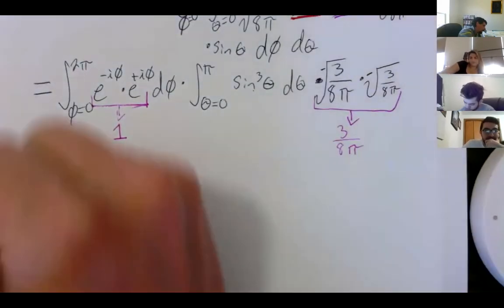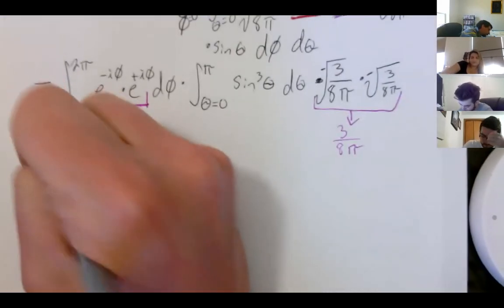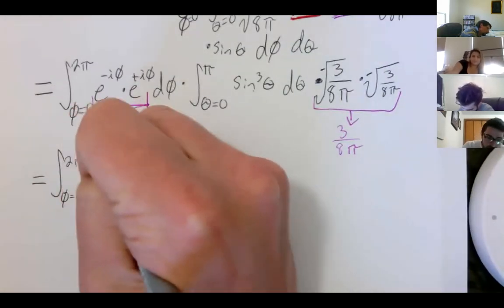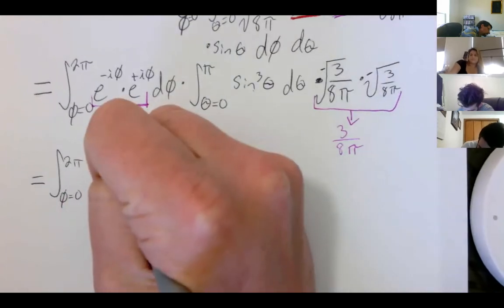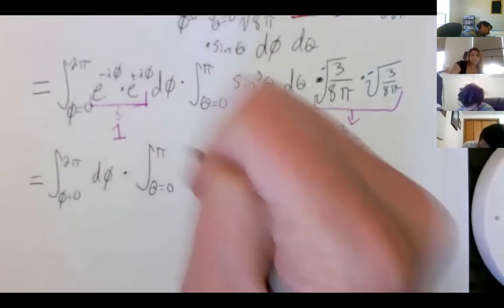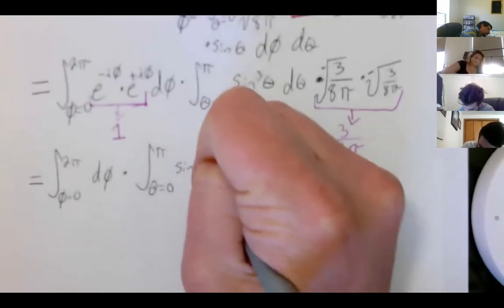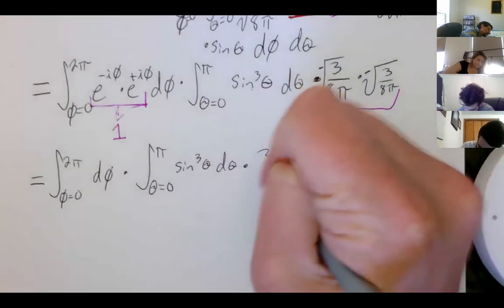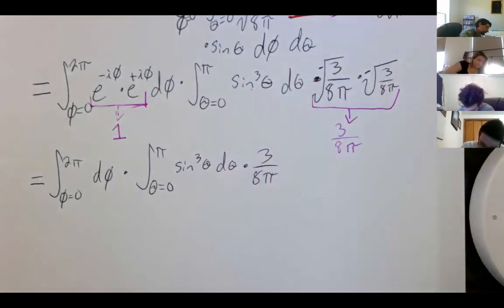So let's write that out. We have the integral of phi from 0 to 2 pi d phi, times the integral from 0 to pi of sine cubed theta d theta, times 3/8 pi.